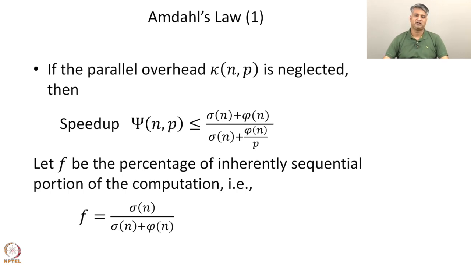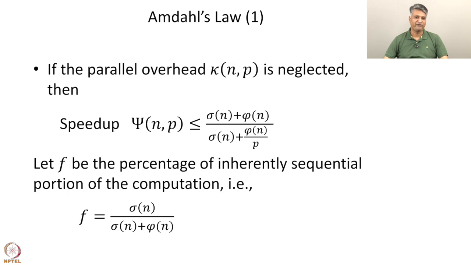Hence, for theoretical purposes, we will neglect it for now, so that we can get some theoretical upper bounds on speedup. So, the speedup, which is a function of n and p, will be less than or equal to [sigma(n) plus psi(n)] divided by [sigma(n) plus psi(n)/p], where we have neglected kappa(n,p).